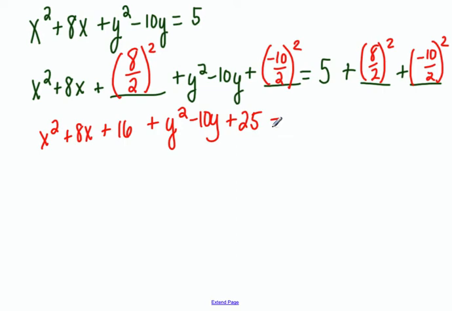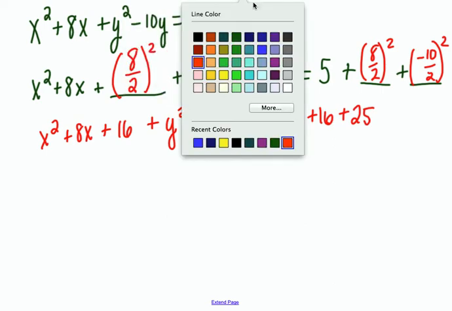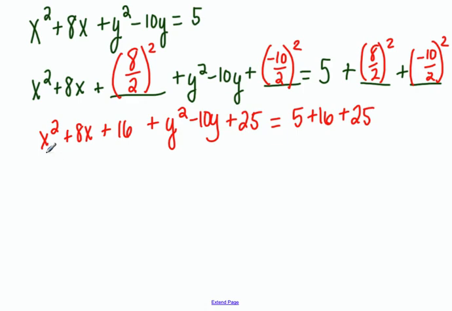Are you with me? Equals 5 plus, what are these two? 16 plus 25. Does everybody see how I got those? Yeah. All right, here's the harder part. It's not really hard because we just did it. Review. You factor that piece. What does that factor into? x, x, and what multiplies to be 16 and adds to be 8? Plus 4 and plus 4.